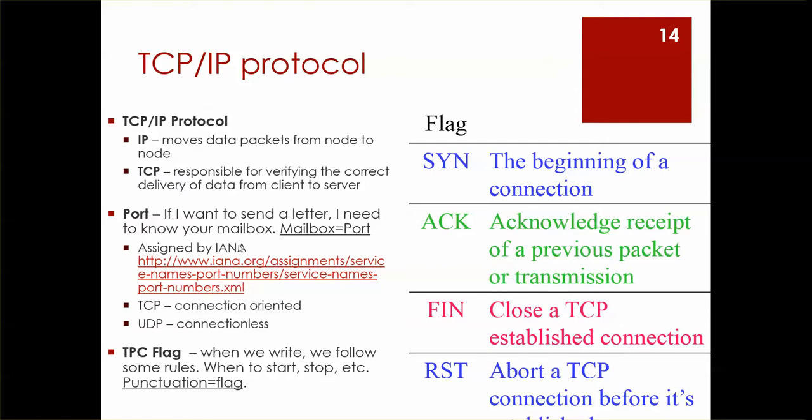Now, ports are assigned by IANA, and if you'd like to find out more information about these port assignments, you can visit the link. The most common ports available are TCP, which is more connection oriented, or UDP, which is connectionless. The advantage of using TCP is we have error checking and reliable delivery of information.